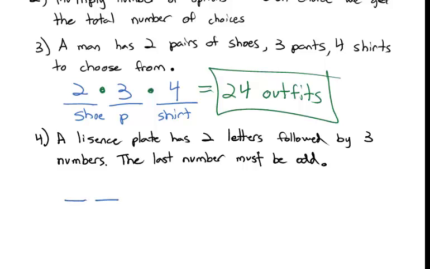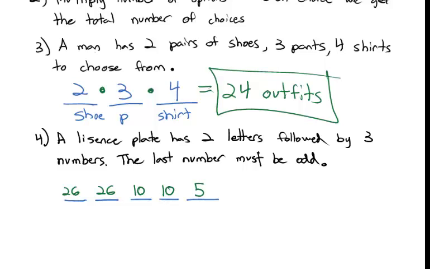Well, we've got 2 letters followed by 3 numbers, so 5 blanks total. How many letters can we choose for the first? There's 26 letters. The second letter, 26 letters. And then we've got 3 numbers. There are 10 unique numbers. Don't forget about the number 0. And 10 unique numbers for the second spot. However, the final character of the license plate must be odd. And there are only 5 odd numbers.